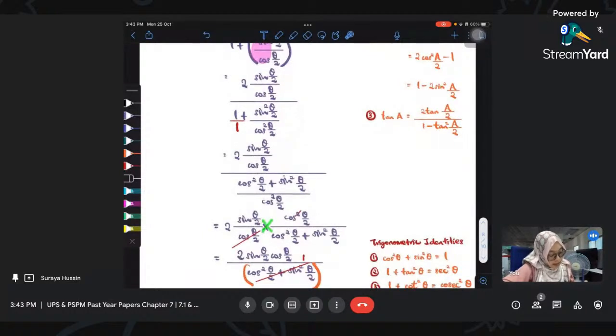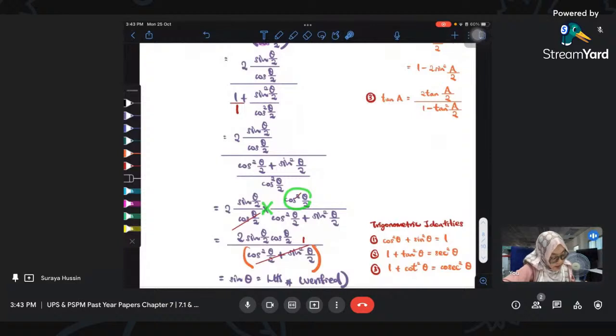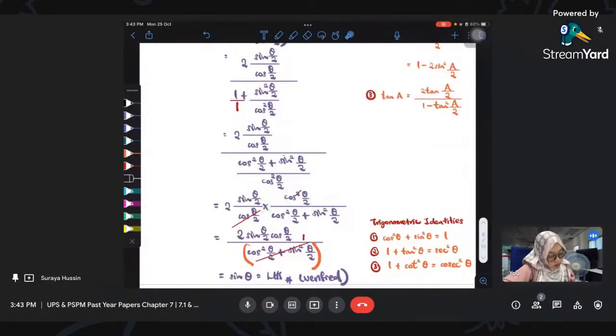Okay, dia dah terbalik lah, dia pula berada di atas. Okay, and so I can cut it because they are the same. It's just that this is squared. Kalau sini squared, tinggal lah only 1. Tinggal lah only power 1.